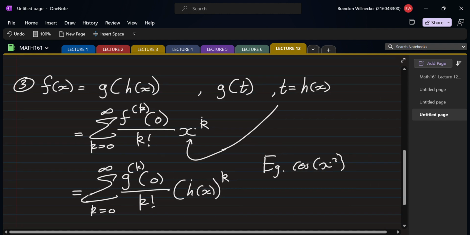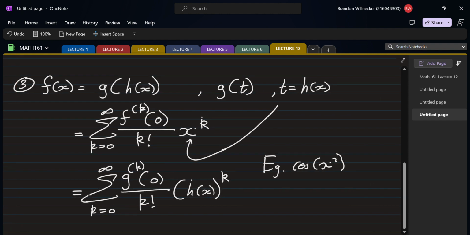Okay, so we're going to leave it at that for now. In the in-person lecture, we're going to go through a few more examples, and then we're going to look at where this is applicable. Like I said at the beginning, sometimes you can substitute any value of x and it will be convergent. Other times you are limited to a certain interval where it converges.